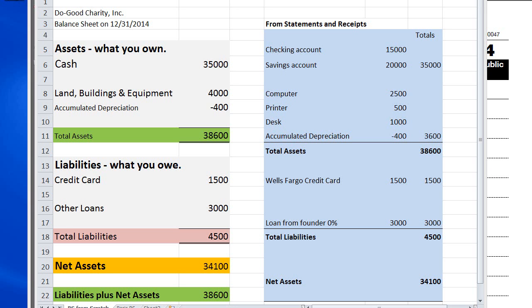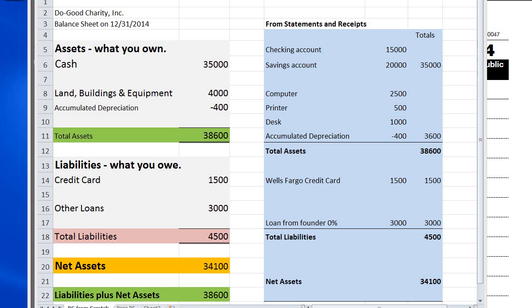So the charity was using a room in the director's home to carry on administrative and program activities. And they wanted to know, should we put the house or the room on the balance sheet? And the answer, of course, is no, because the house belonged to the director. It didn't belong to the charity.